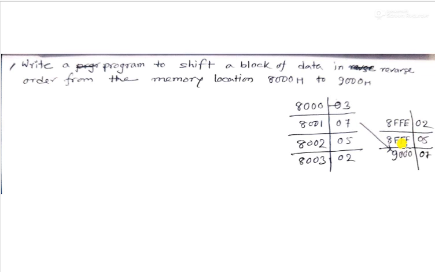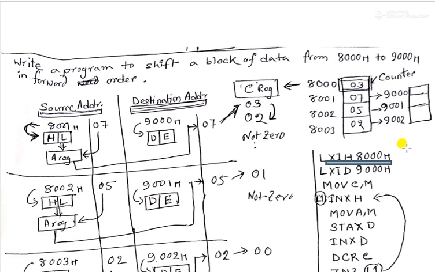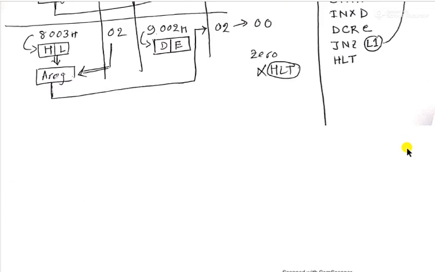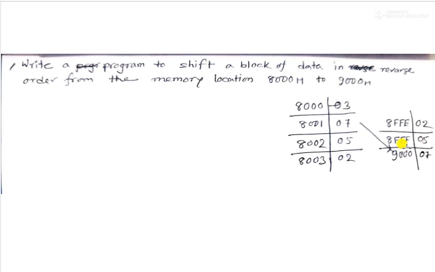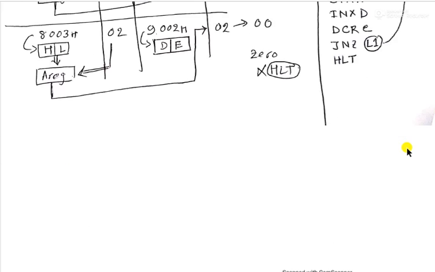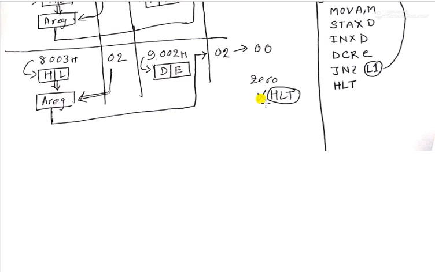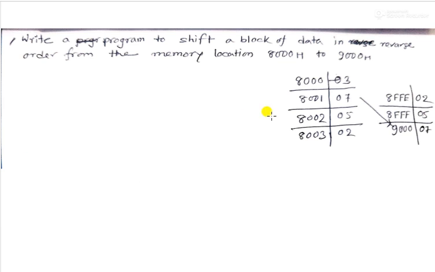So how can you do this? If you understand this program, then you can easily do the second program. First of all, understand this program and try to write it yourself.